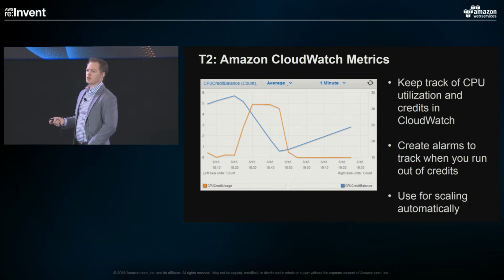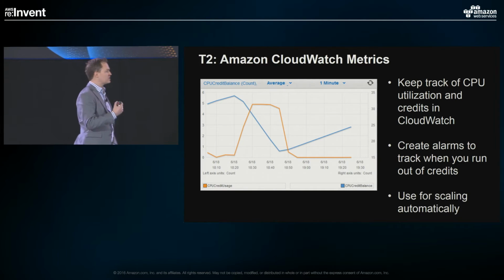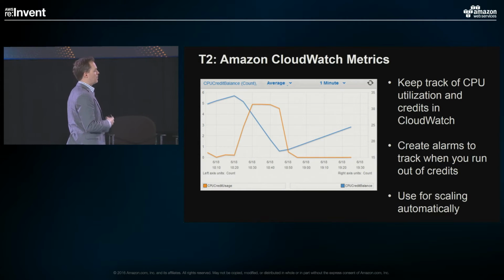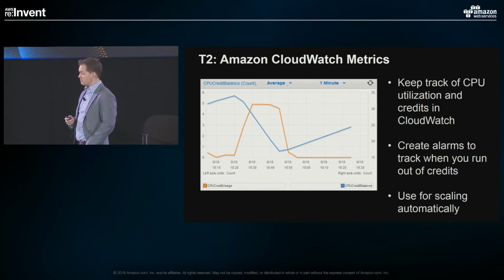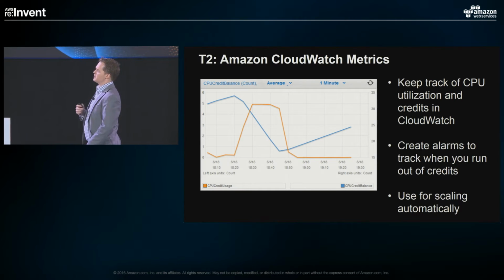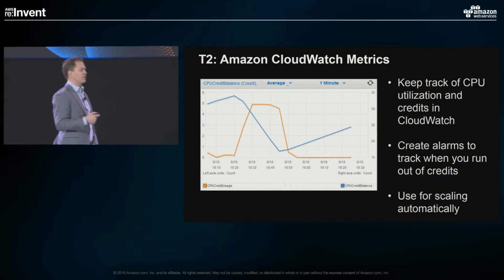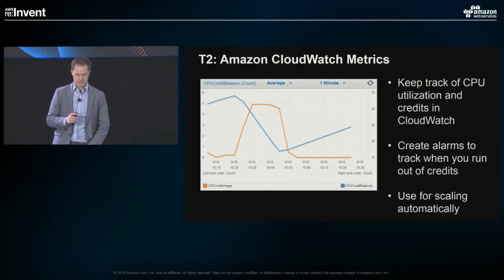They also give you the ability to create alarms and things like that to understand when you're potentially at risk of running out of credits, or to look at some of your applications and make sure that they're getting that burst capacity as much of the time as they need to. And finally, of course, as CloudWatch metrics, you can hook these up to other automation. For instance, using these to scale automatically as your credit balance gets low.